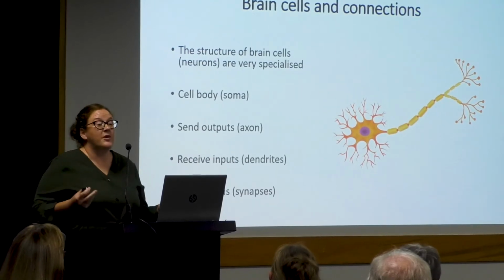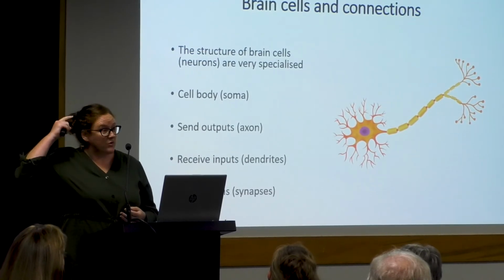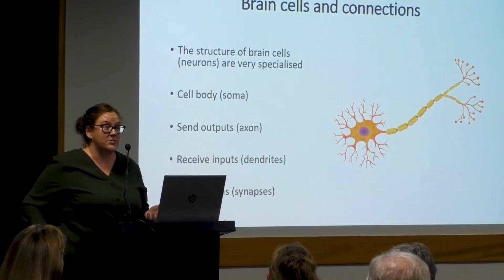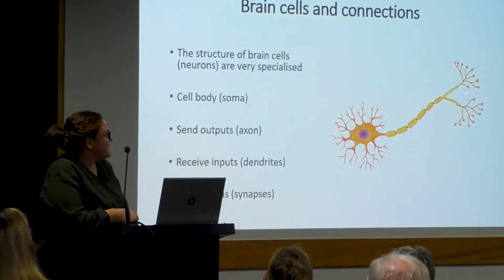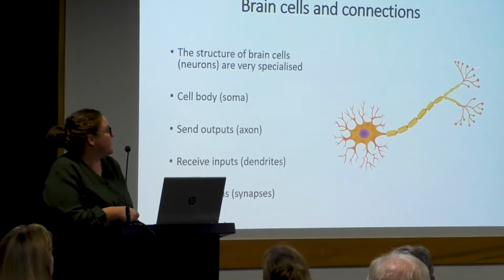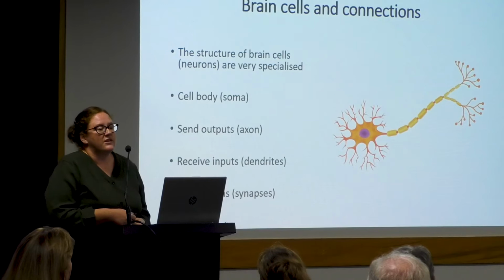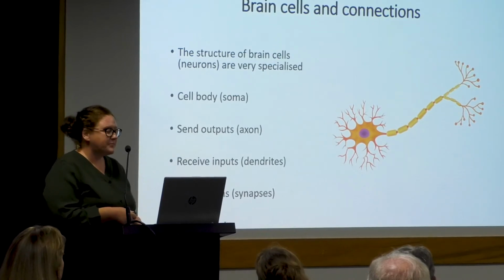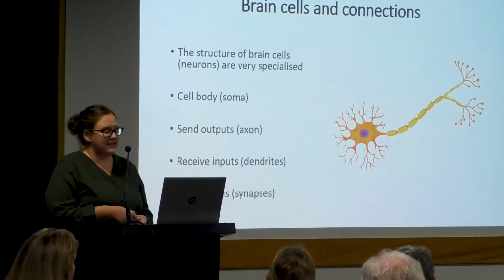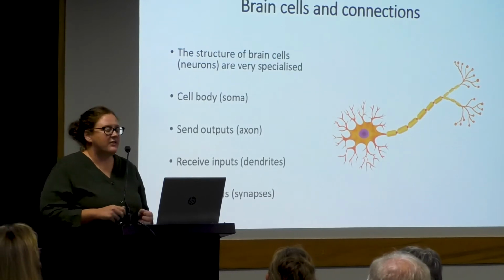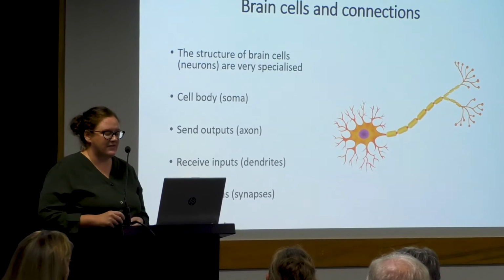If we're talking about a motor neuron, this goes from your cortex all the way down your spinal cord to your muscles. So these axons can be incredibly long. And this is the sending part of the neuron, so it sends out the signals to other brain cells. And like I said, the connections between brain cells are called synapses, and each brain cell has hundreds and hundreds of these.